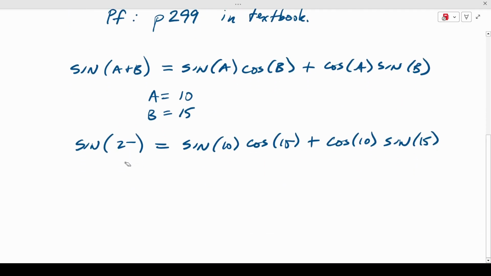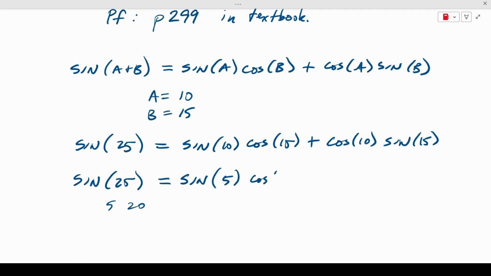In fact, we could split it up in another way. We could also say that sine of 25 degrees is something else here. If we wanted to split it up as, say, 5 and 20, we could say sine of 25 degrees is the same as sine of 5 degrees cosine of 20 degrees plus cosine of 5 degrees sine of 20 degrees.